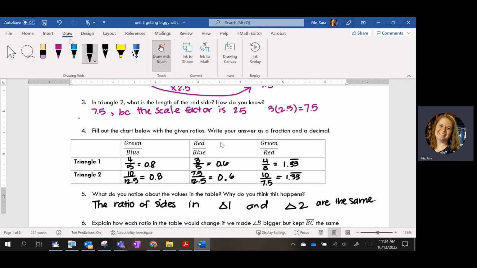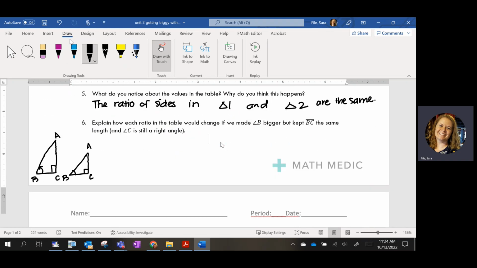So that is the blue and the green sides had to get longer. So the blue side, BA, got longer.